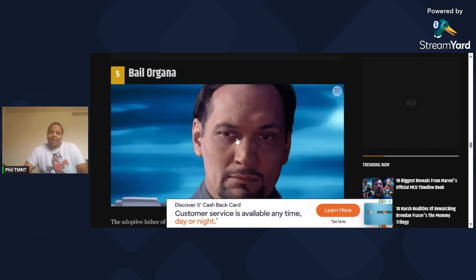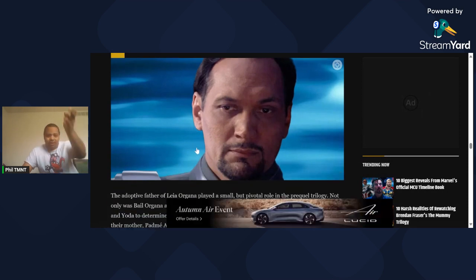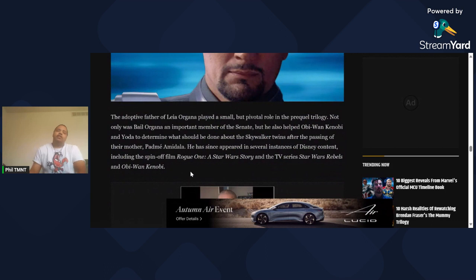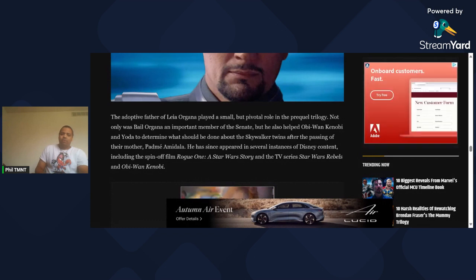Bail Organa, okay. This one I can kind of give because they did technically bring him into the Ahsoka show, the Obi-Wan show, and Rogue One. So Bail Organa I can give them props for. The adopted father of Leia Organa played a small but pivotal role in the prequel trilogy. Not only was Bail Organa an important member of the Senate, but he also helped Obi-Wan Kenobi and Yoda determine what should be done about the Skywalker twins after the passing of their mother, Padme Amidala.